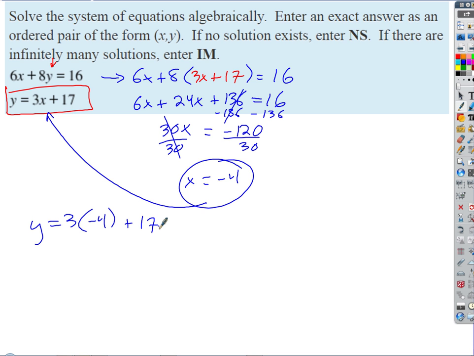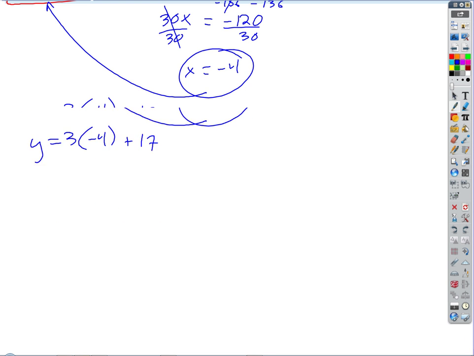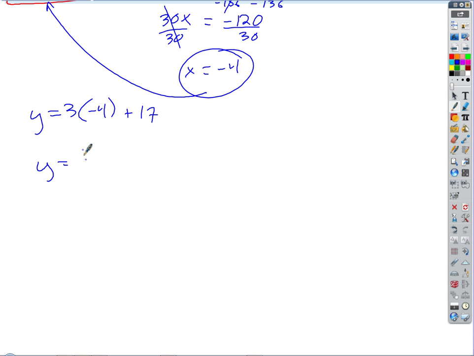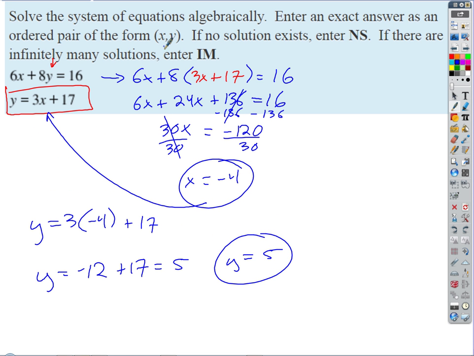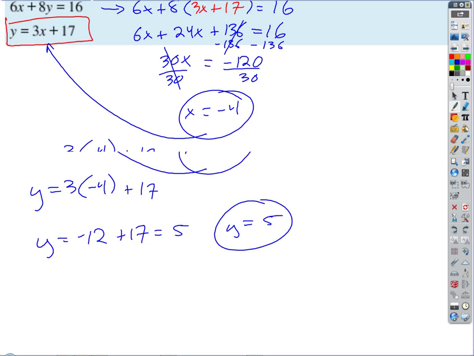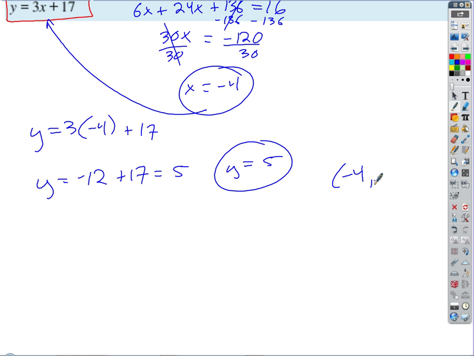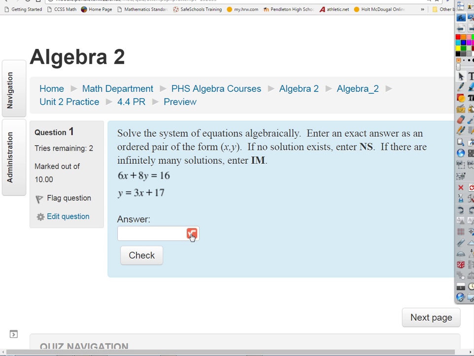So y equals 3 times negative 4 is negative 12, plus 17 equals 5. So we get x equals negative 4, y equals 5, and we want to enter that as an ordered pair, in the form x, y. So my answer would just be negative 4, 5. So there's an example of substitution. Let's try another one.